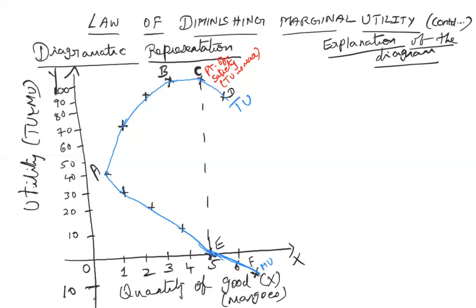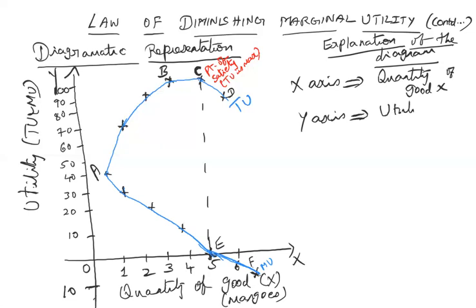As per this diagram, the x-axis is representing the quantity of good X, that is mangoes, and the y-axis is representing utilities, both the total utility and marginal utility.